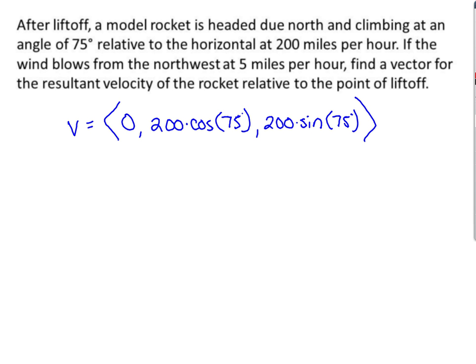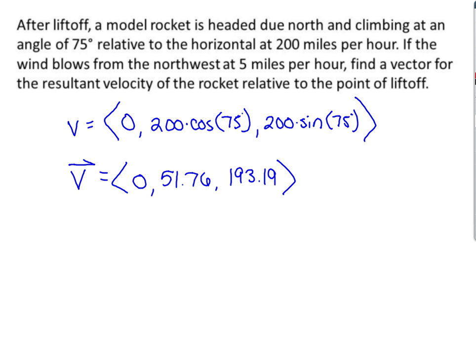Sine comes with whatever comes second. So this could be an x and a y, it could be an x and a z, or it could be a y and a z. It's just going to depend on the context of the problem. So our vector v is going to be 0, 51.76, and 193.19.